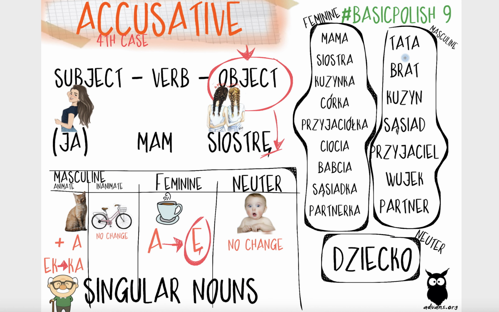Now, the next word means brother. Brat. It's also quite a funny one for English speakers. Brat, brother. So what we do in order to make the accusative change on masculine nouns that end in a consonant and are living, this is important, in this part of our chart, we will add the additional letter a at the end of them.